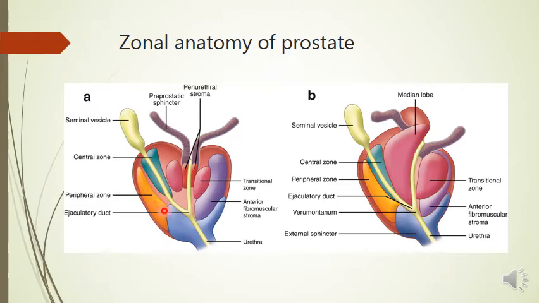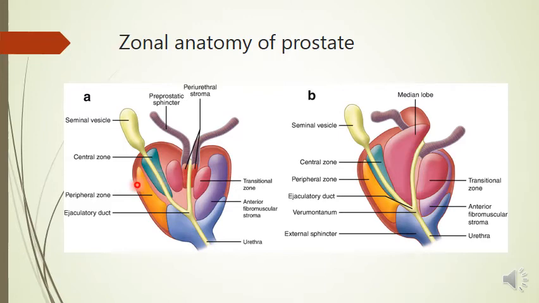So this is the peripheral zone, right? And these are the ejaculatory ducts. So in between the pre-prostatic urethra and these ducts, the ducts of the transition zone are going to open there.